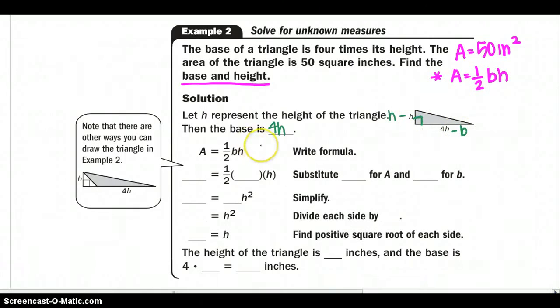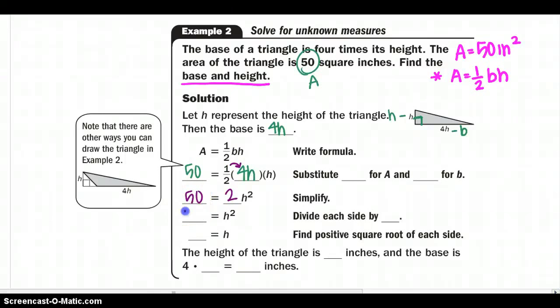So I'll write my formula. So I would then just fill in the blank. My A is 50. 1/2 my base, which is 4h, times h. I would then say 50 equals, distribute inside, 2h squared.